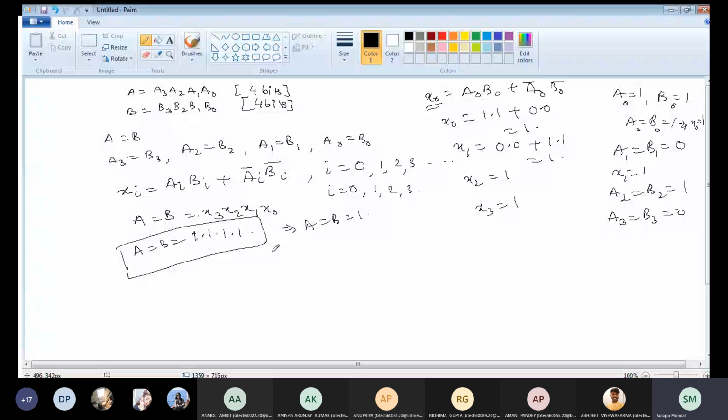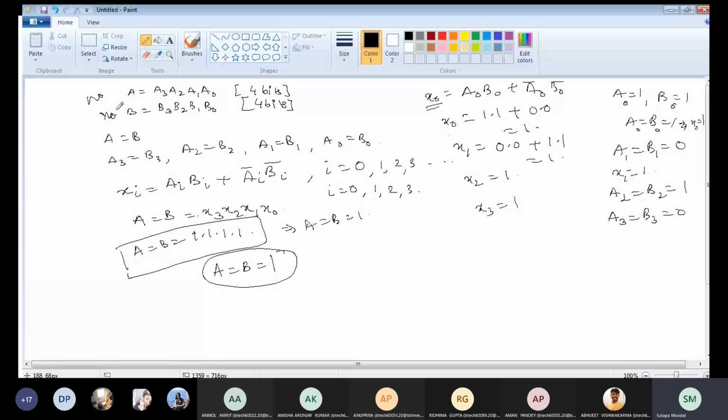Yes, A is equal to B is equal to 1. This case will come when all the digits of these two numbers A and B are equal. A is one number and another number is B. So this is number 1 and this is number 2.